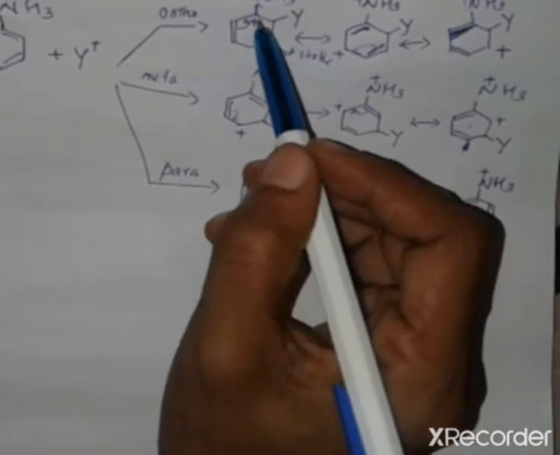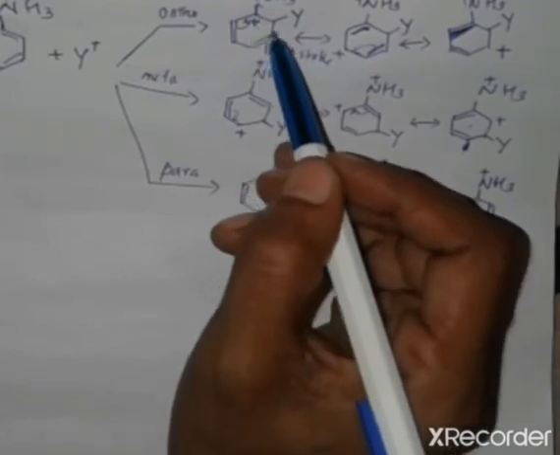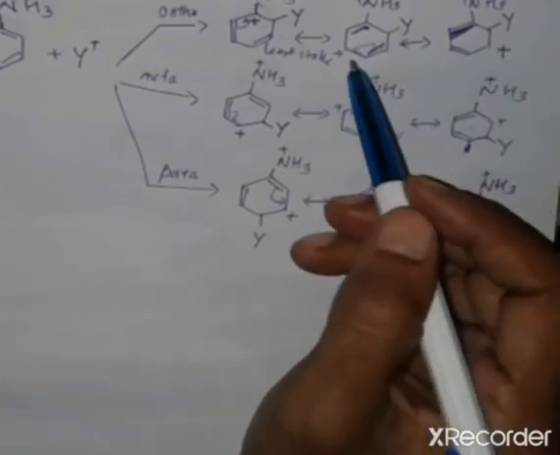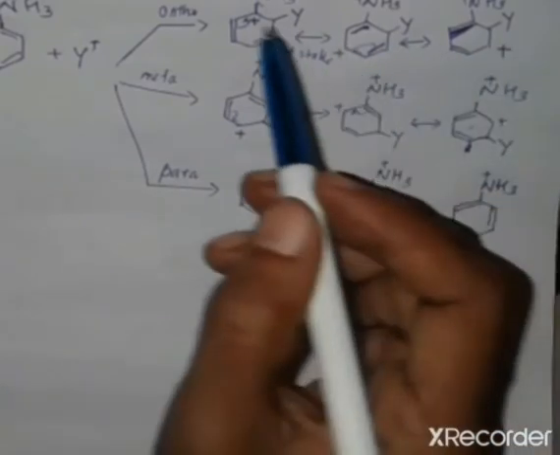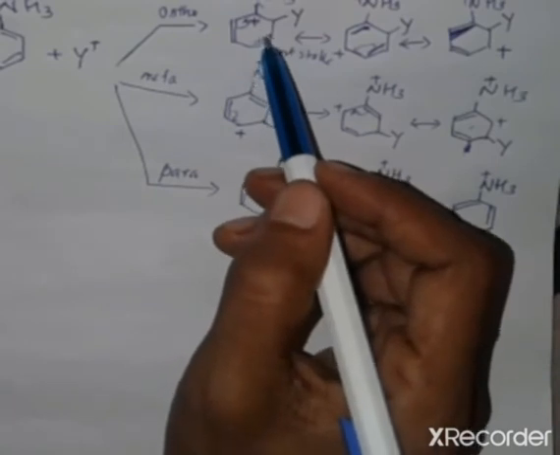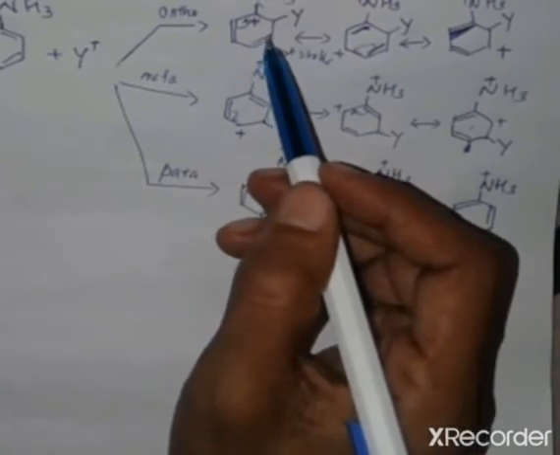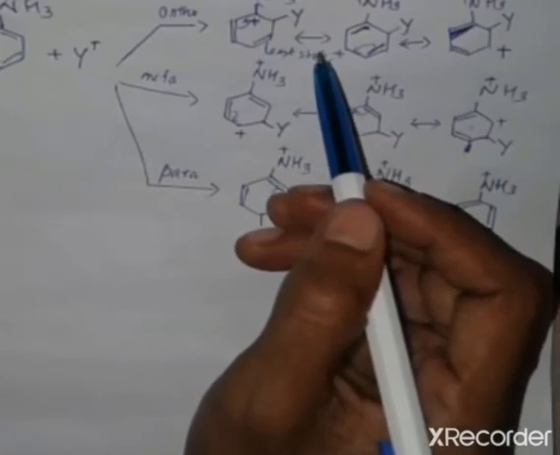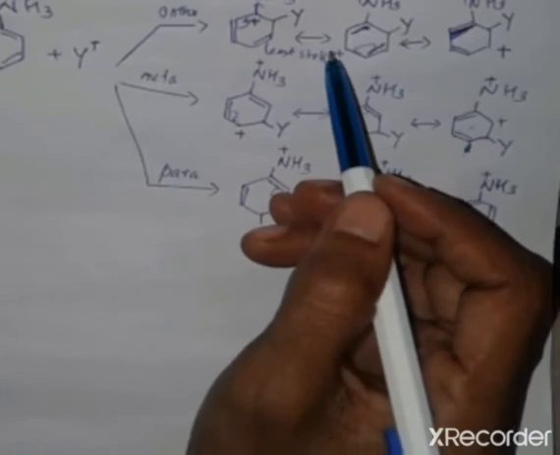That is, the positive charge density of the resulting resonance structure increases. That is, this is least stable. When the positive charge density of a carbocation increases, it is least stable and difficult to form. Least stable means it is at a higher energy state and it is difficult to form.